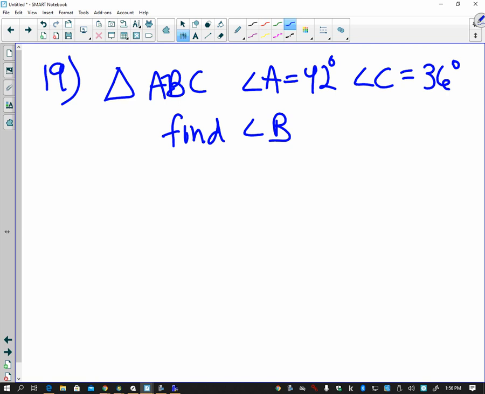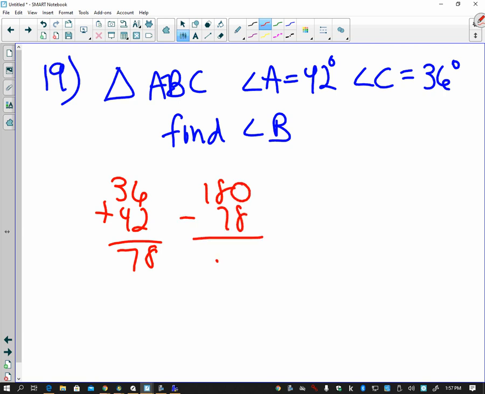Find the measure of angle B. How? Add 36 plus 42. 78, 180 minus 78, 102.